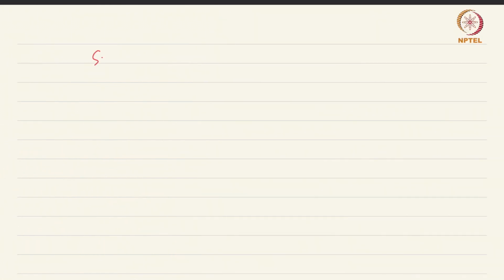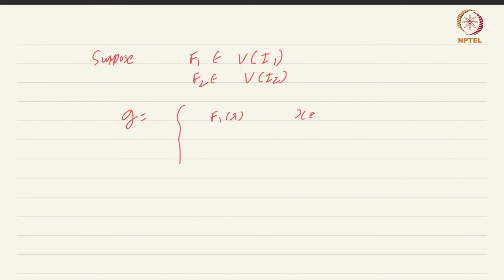Similarly, suppose f1 is an upper function on I1 and f2 is an upper function on I2, and we define the new function g to be f1 of x if x is in I1 and f2 of x if x is in I2.